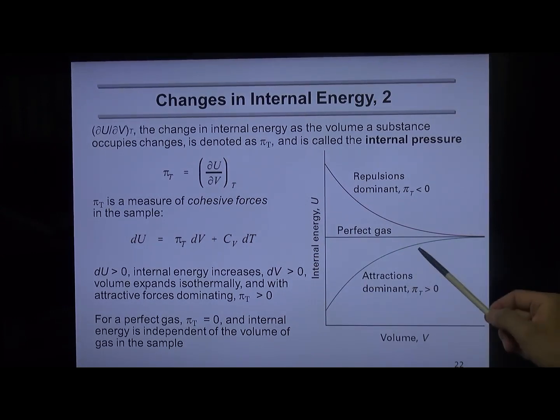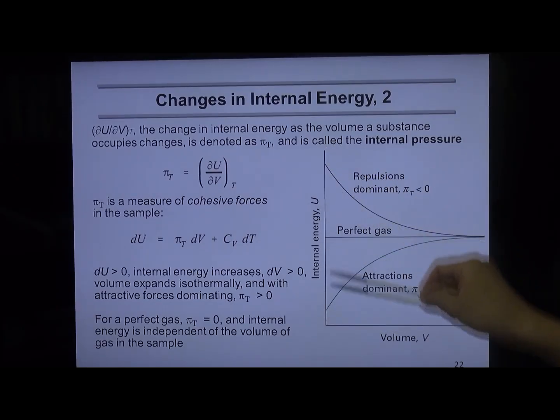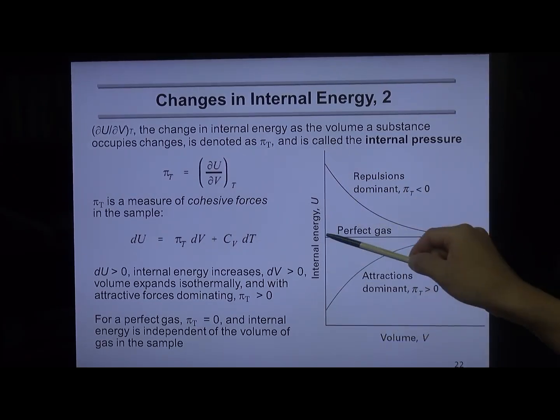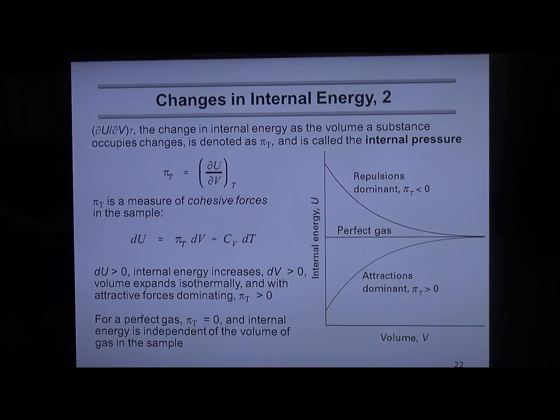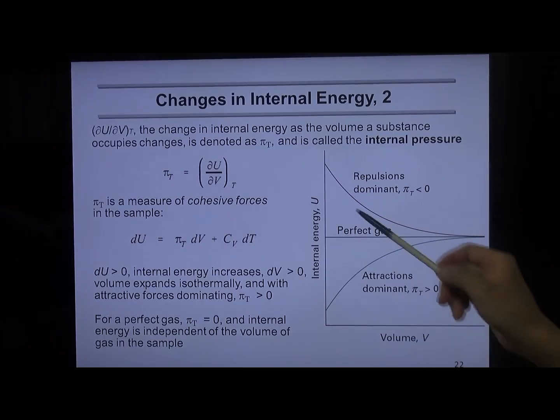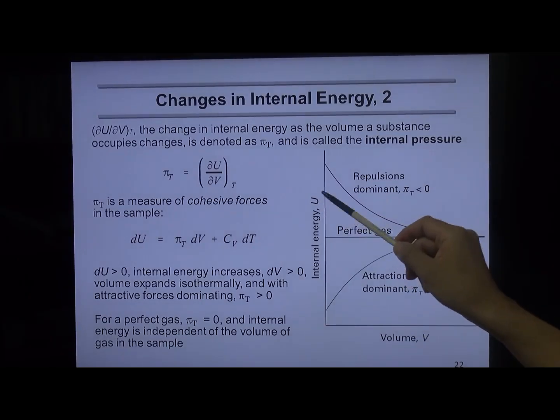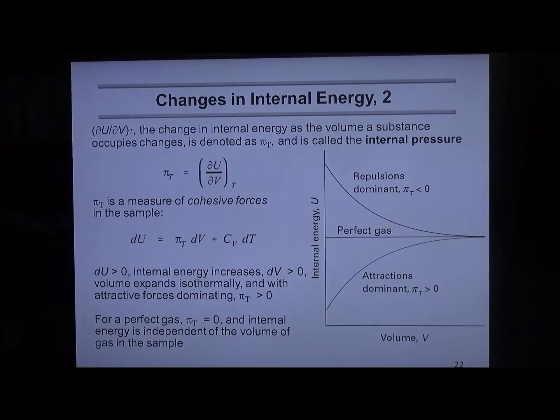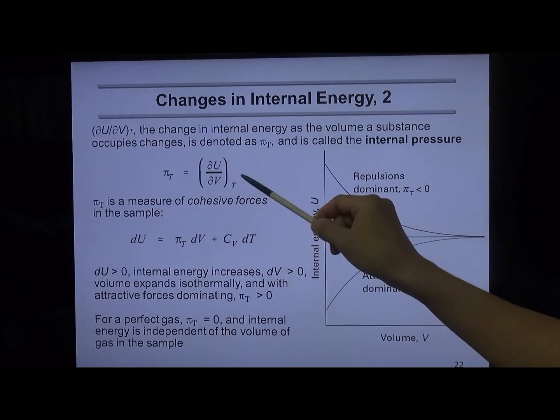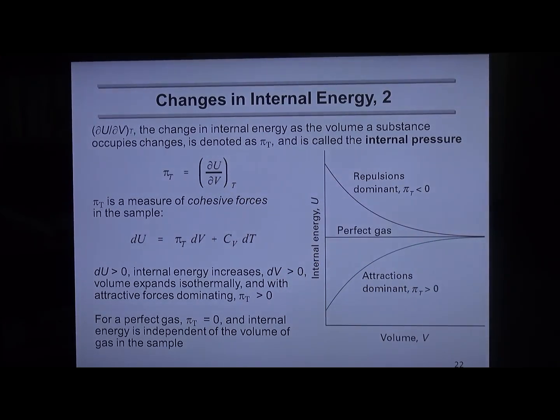You can see it from here, right? Internal energy as a function of volume for perfect gas does not change. For perfect gas, only temperature can change it. So this represents the properties of real gas, intermolecular forces.